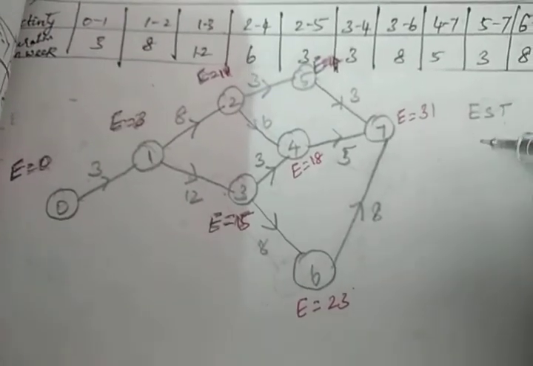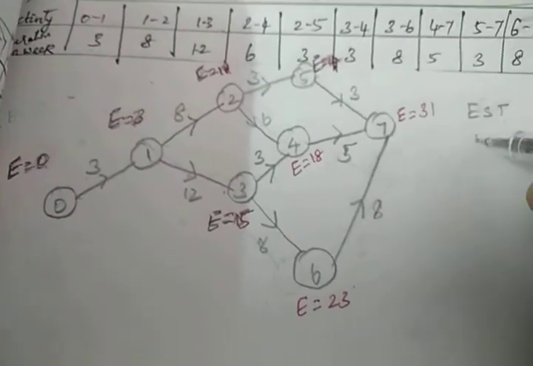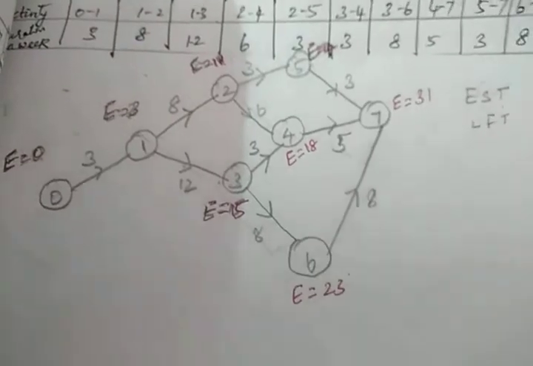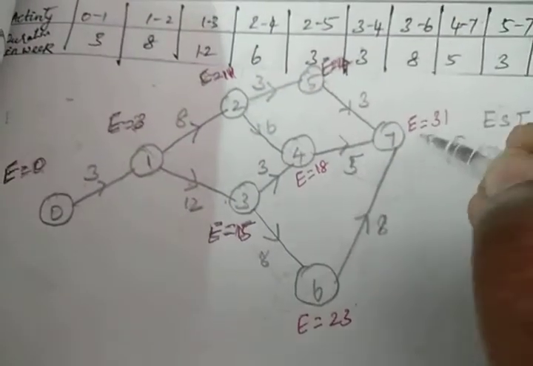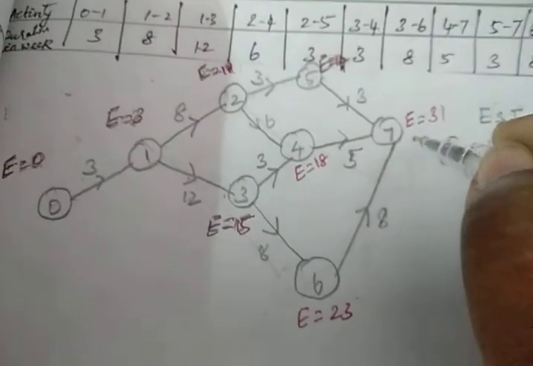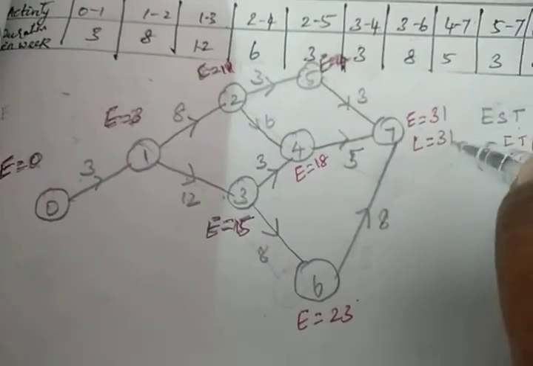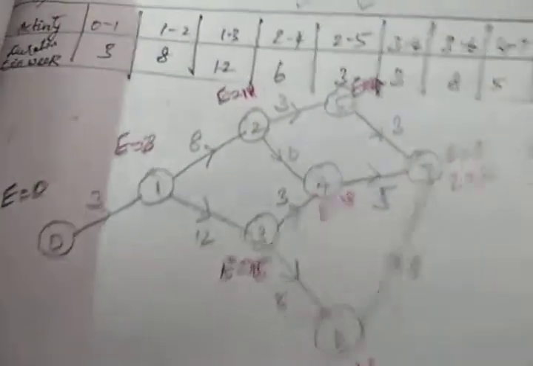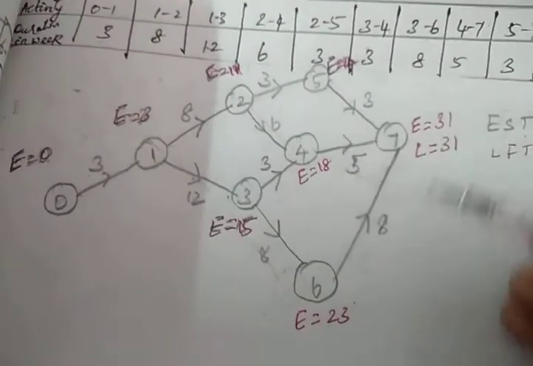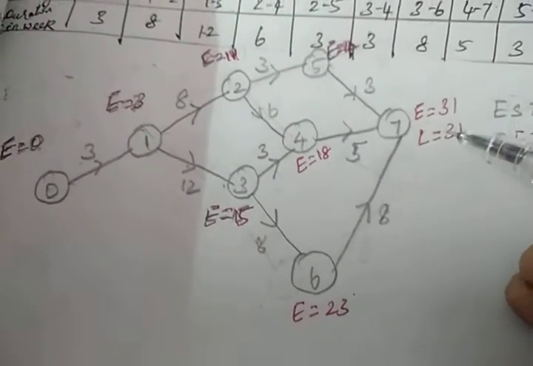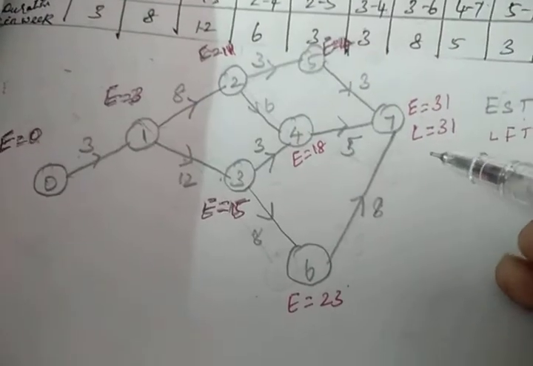Now we have to go for the latest finishing time, LFT. For the latest finishing time, we have to start from the last. It will be denoted by the letter L. Whatever is the maximum value here, that will be L for starting. Now go from the back. 31, but we have to subtract the duration, so 31 minus 8.